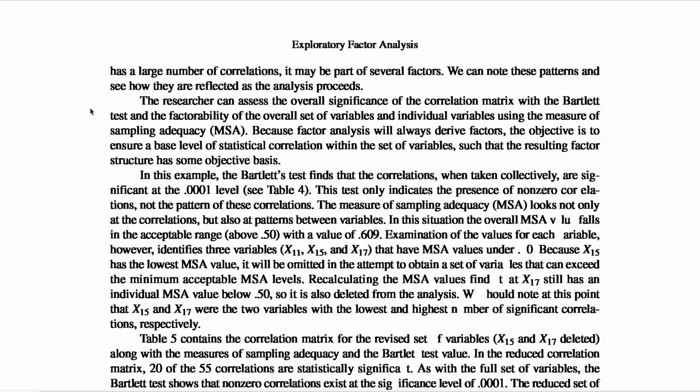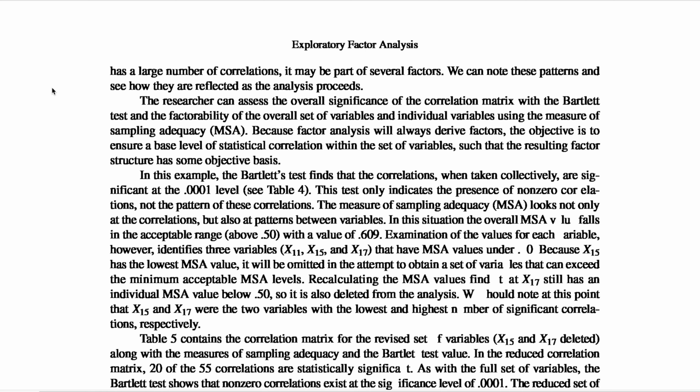Let's talk about its results. A variable that has a number of correlations may be part of several factors. We can note these patterns and see how they are reflected as the analysis proceeds.